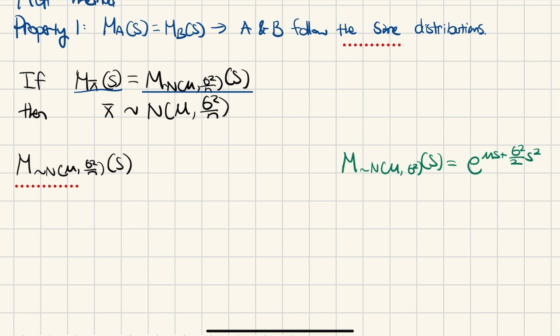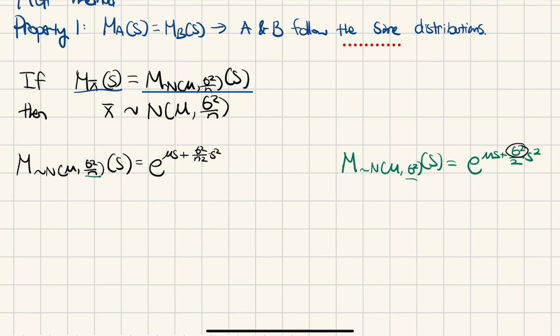Since in here the variance is sigma squared over n instead of sigma squared, you just replace the sigma squared with sigma squared over n. So that would be e to the power of mu s plus sigma squared over n times 2 times s squared. Alright, so that was pretty easy, right?